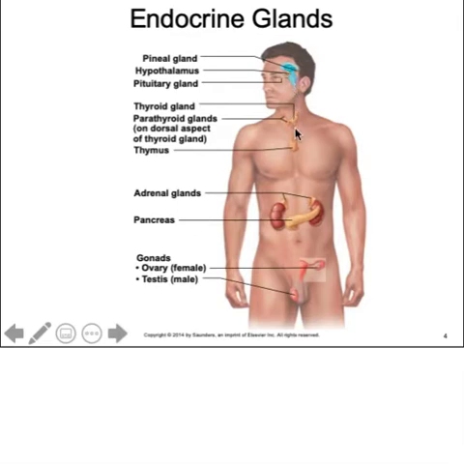As we move down, this is the thyroid gland, and it produces two hormones, calcitonin and thyroid hormone, or thyroxine. Thyroxine is going to accelerate our metabolic rate, and calcitonin is going to increase our bone density and lower our blood calcium levels.